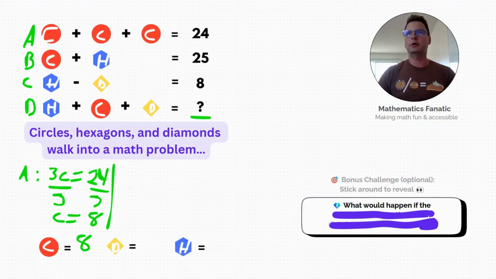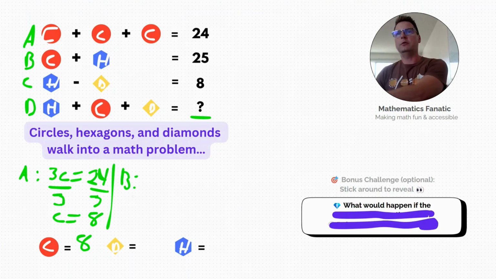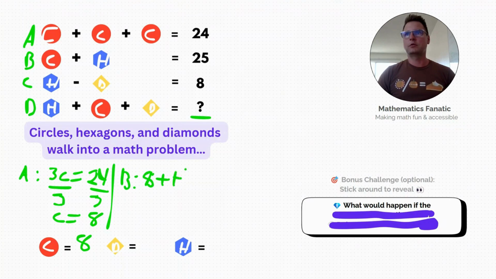And then what about equation B? That one is, if C is 8, then we just have 8 plus H equals 25, right?